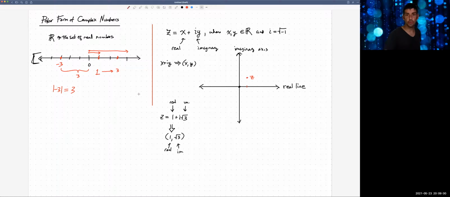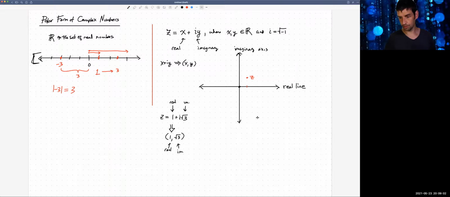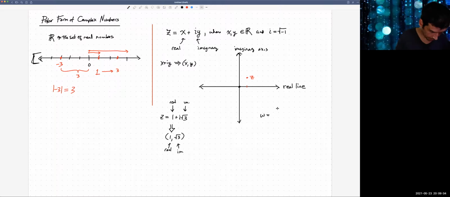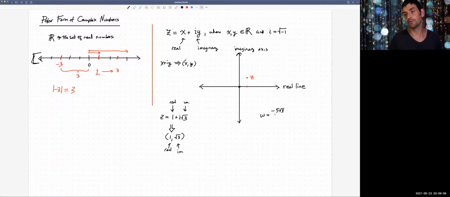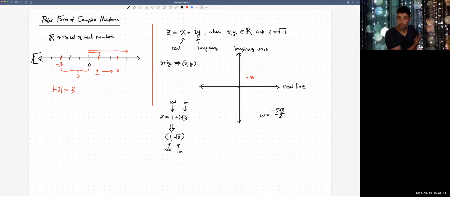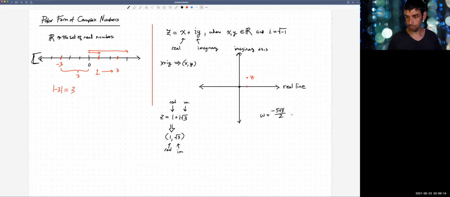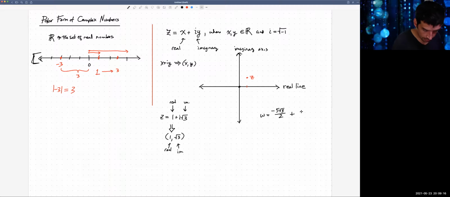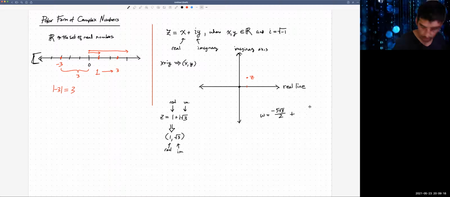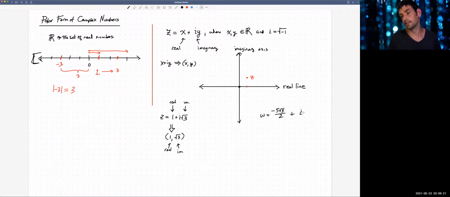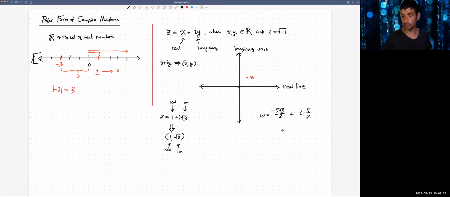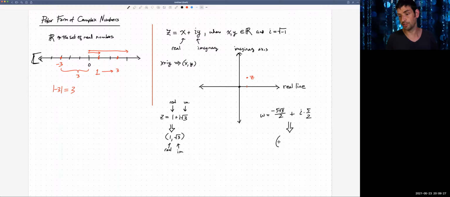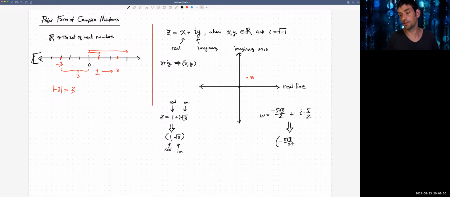All right, let's do one more. Let's look at w. What did I have for w? w will be negative 5 root 3 over 2 plus i times 5 over 2, right? So this will correspond to the point (-5 root 3 over 2, 5 over 2).